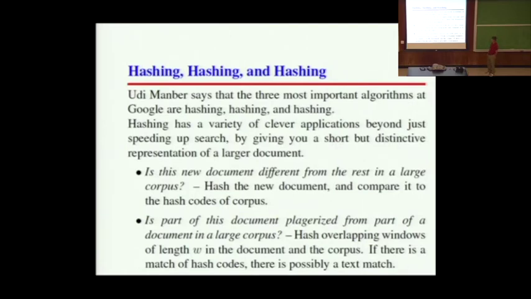So for example, one problem that Google has to do fairly often is, there have got to be a zillion copies of Wikipedia on the web. Or let's put it, somebody has a picture of a cat they send to a friend, and this spreads and becomes viral. It's often the case that on the internet, there are many, many copies of the same file. Does everybody agree with that?